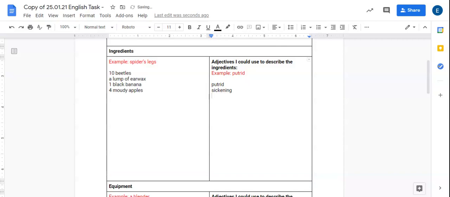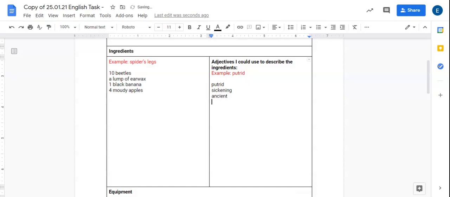I could use, what else could I use? Putrid, sickening. Oh, I could say, instead of old, I could say ancient. That's one we learned. Stomach turning. Okay, so you can think of some adjectives there for your ingredients.